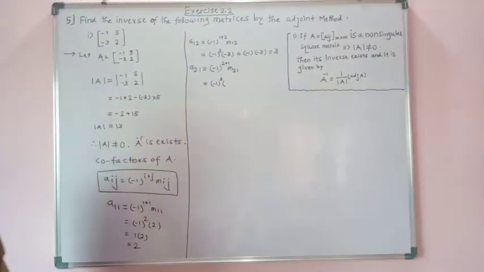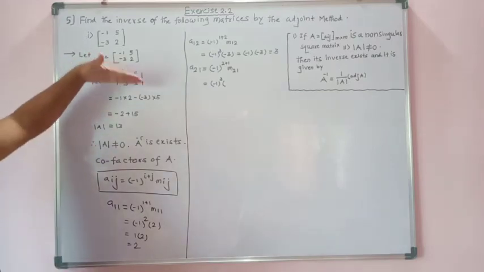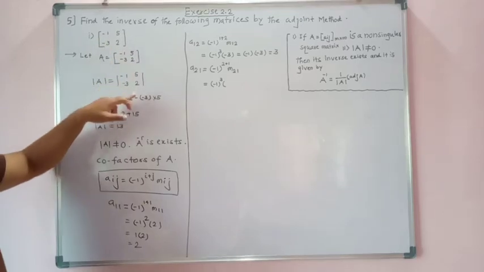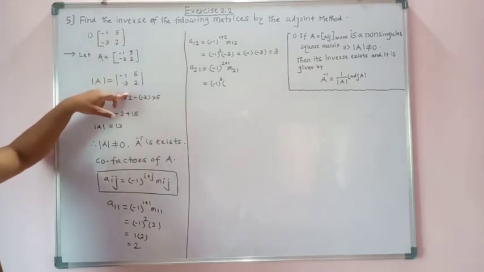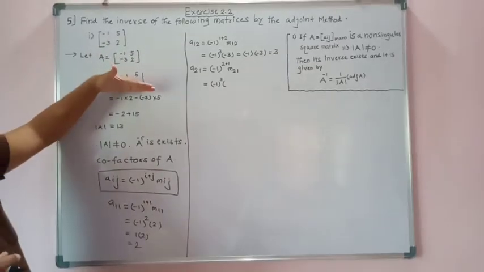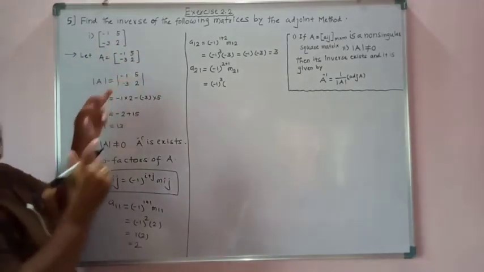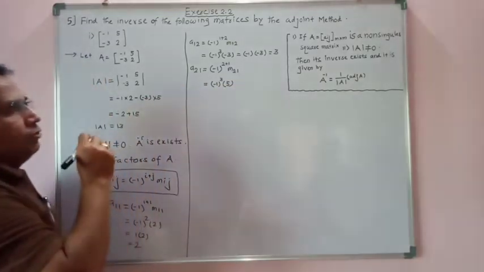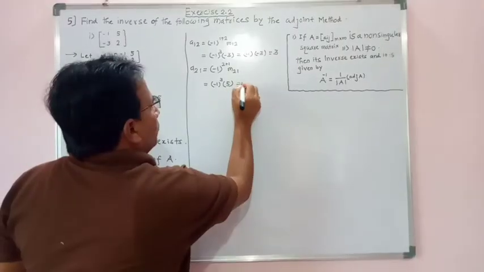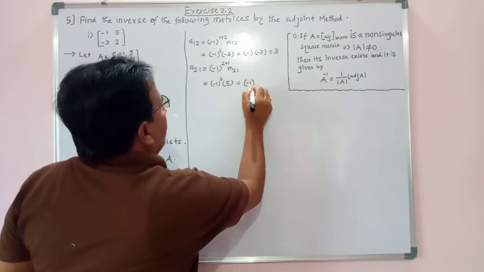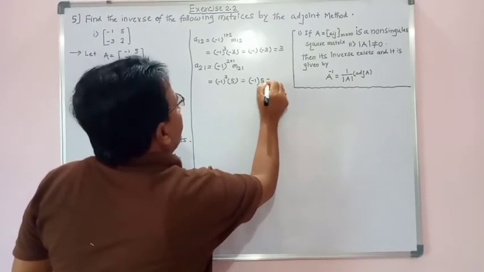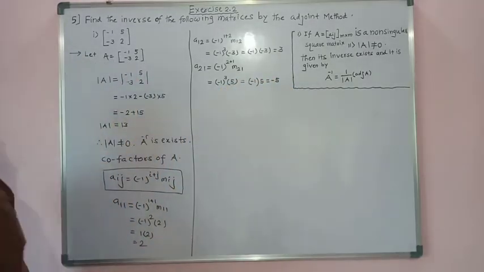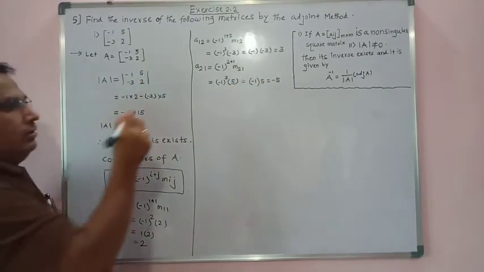What is M21? Leaving off second row, first column, this minor is 5. -1 cubed into 5. -1 cubed is -1, into 5 is -5. This cofactor is -5.